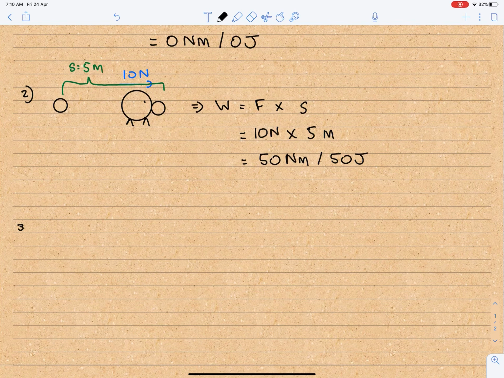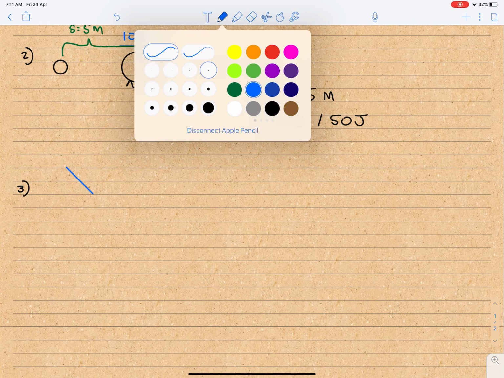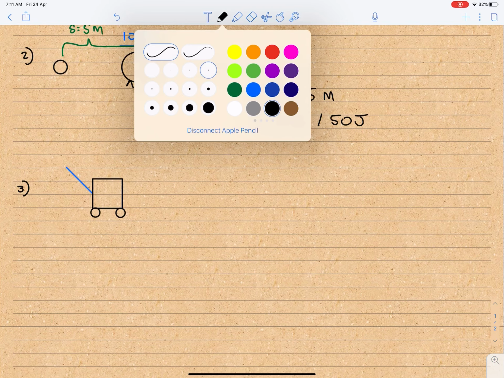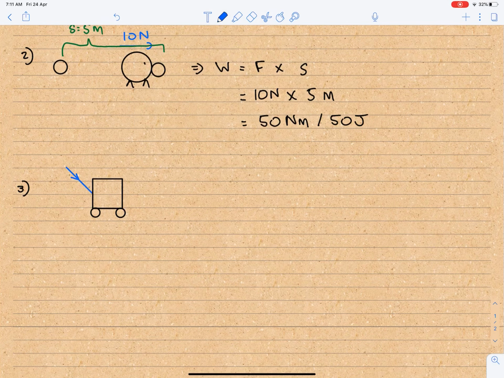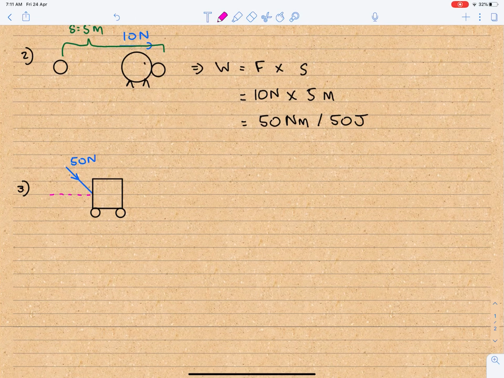Example number 3. Let's say that you have a force acting on a trolley. This is a trolley. The force of, let's say, 50 Newton at an angle of 60 degrees, and the trolley moves in that direction.